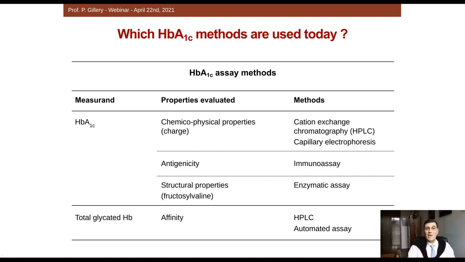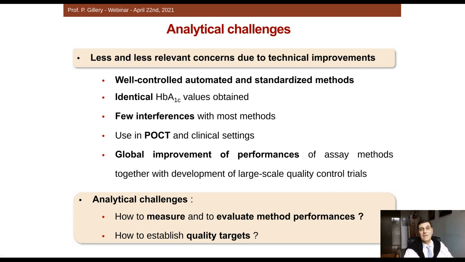Methods measuring HbA1c can use chemico-physical properties. This is the case of cation exchange chromatography by HPLC or capillary electrophoresis, antigenicity for immunoassays, or structural properties for enzymatic assays. And affinity method, performed either by HPLC or automated assays, measure total glycated hemoglobin.